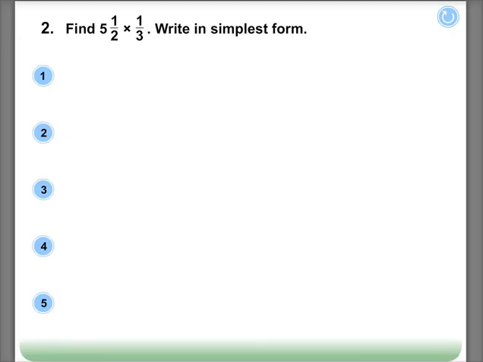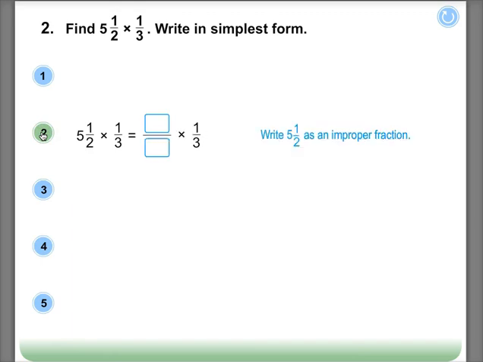Okay, our next example, find 5 and 1/2 multiplied by 1/3. In other words, we need to write 5 and 1/2 as an improper fraction. So 2 times 5 is 10, plus 1 is 11. Keep the same denominator, so it has 2. So now we have 11 times 1 and 2 times 3.